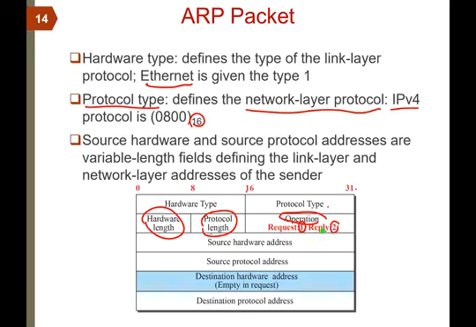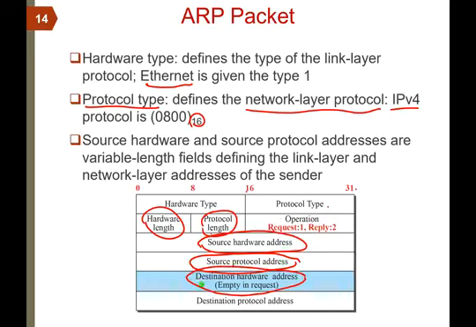If this is 1 it means a request, if it's 2 it means a reply. Now we have the source hardware address, which is the MAC address of the source, the source protocol address, and the destination.